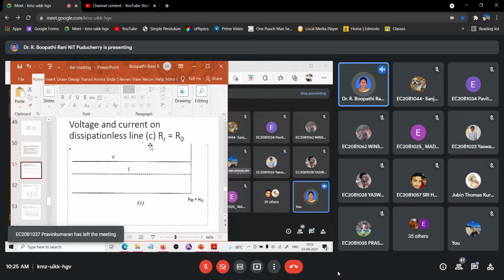Voltage and current on a dissipationless line. Dissipationless line means attenuation is 0. If there is no attenuation, that line is called a dissipationless line. So alpha is 0. That time the voltage and current on the line will be like this. This is the voltage, and the current will be constant on the line.